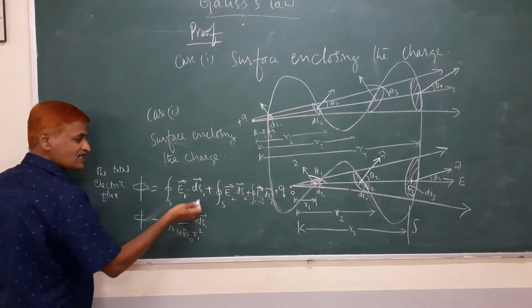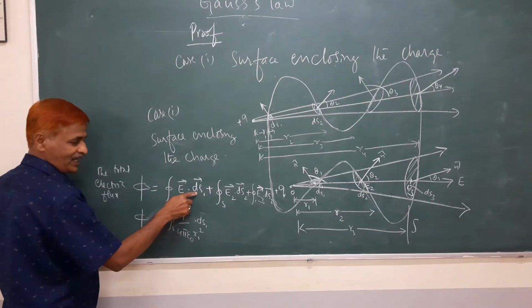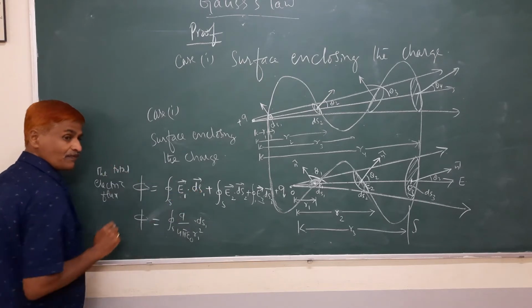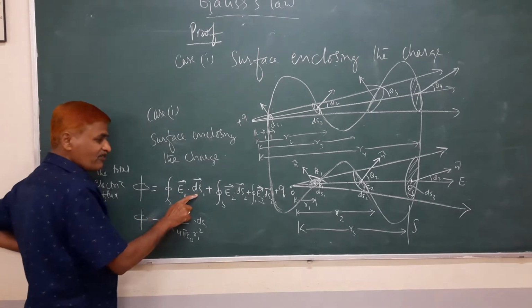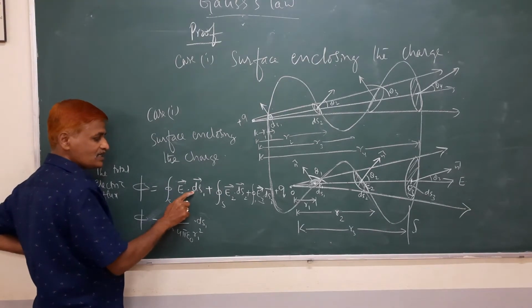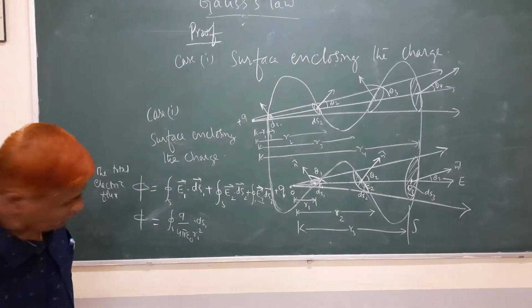If I take cos theta, that will be taken care of. This is called vectorial area, because this is the dot product of two vectors. The surface area we call, this is the vector surface area, and this is E cos theta is nothing but E cos ds. You can write one more step here.